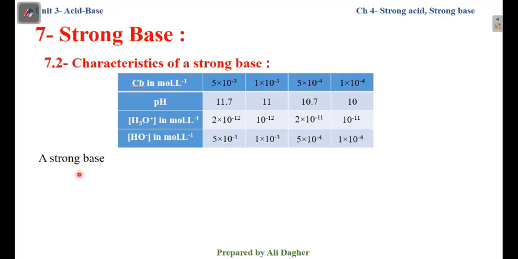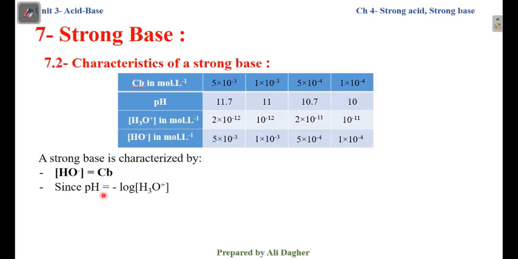Then we can deduce that a strong base is characterized by the concentration of HO minus equal to Cb. Concentration of HO minus 5 × 10 negative 3 equals Cb, 5 × 10 negative 3, 1 × 10 negative 3 equals 1 × 10 negative 3, and so on. Then, when the concentration of HO minus equals Cb, the base is a strong base.